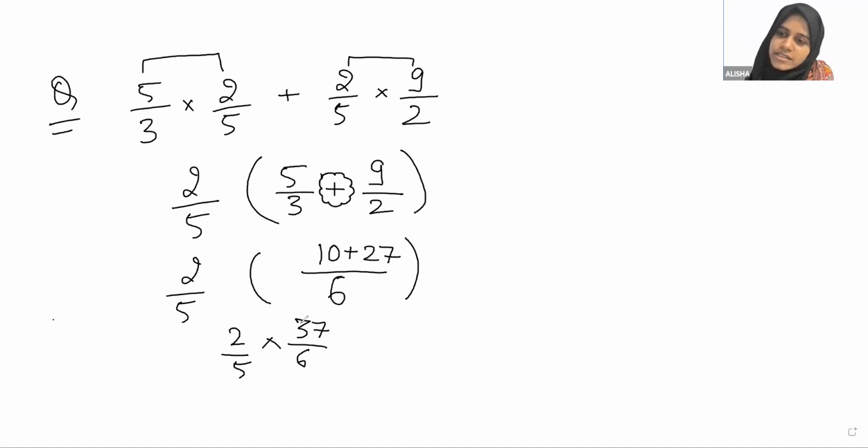If you don't want to cancel it like this, then cut it in your final answer, or simplify your final answer. Are both even numbers? Yeah, I did. At last I simplified it. You are telling me your answer to be 74 upon 30, and then I simplified it to 37 by 15.